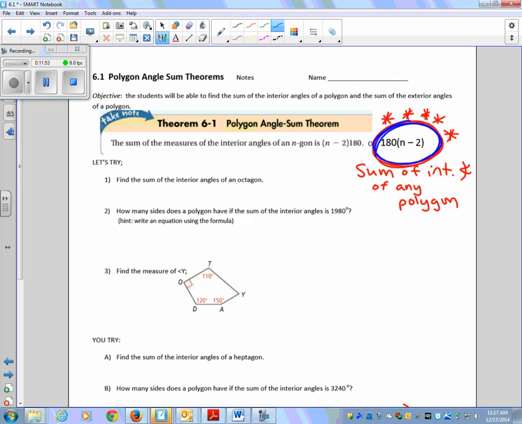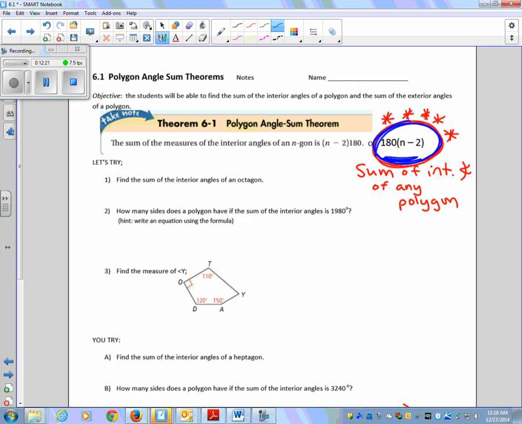From this whole lesson, everything comes down to this formula and the exterior angles, which we're going to learn on the back of this sheet. The sum of the interior angles of any polygon can be found with the formula 180 times n minus 2. That's sum of the interior. That's all the angles added up.